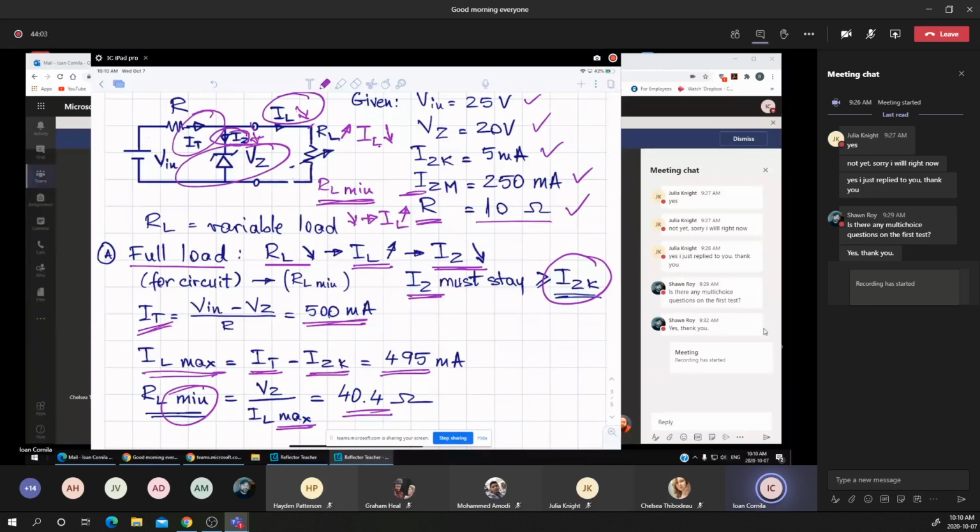That's why semiconductors are sensitive to temperature. Remember that. As we pass a certain temperature in the junction, the semiconductor will be destroyed. And in this case, we may have a short circuit or an open circuit for a diode.